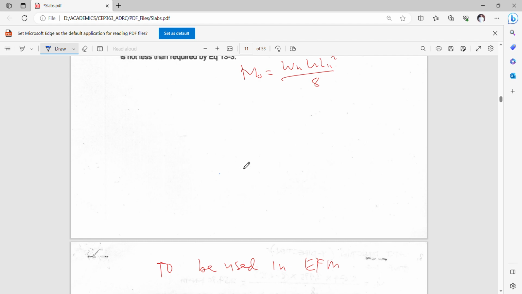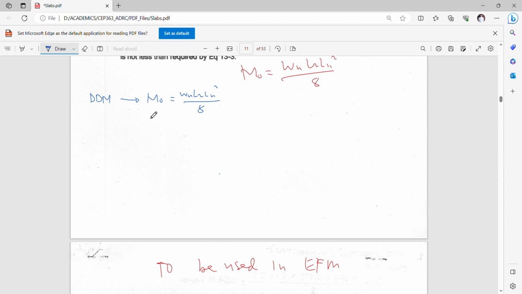So for the direct design method, remember that what we normally did is to first get the static moment MO on the basis of the formula WL2 LN squared over 8, and this is distributed longitudinally by means of a table.